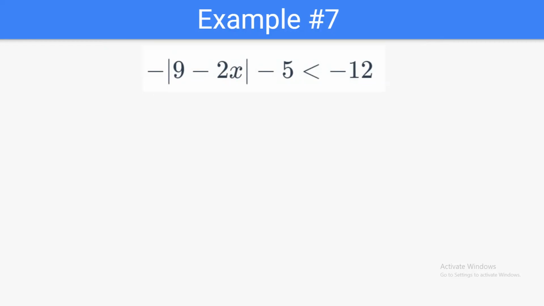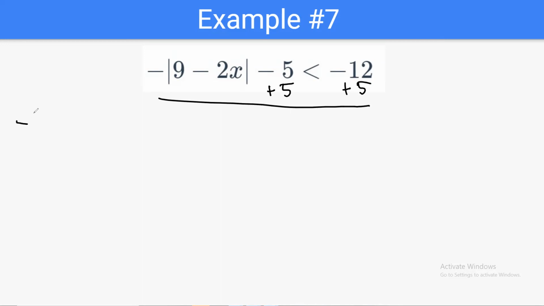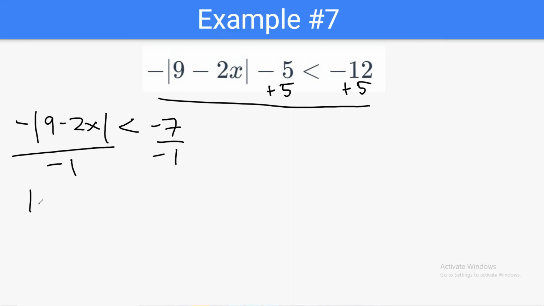Let's do this one. Okay, the last one of the day. So here I'm going to isolate my absolute value. So negative absolute value of 9 minus 2x is less than negative 7. Divide by a negative 1, divide by a negative 1. Absolute value of 9 minus 2x, flip the sign, 7.